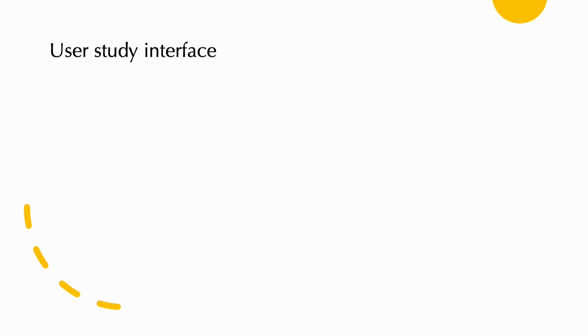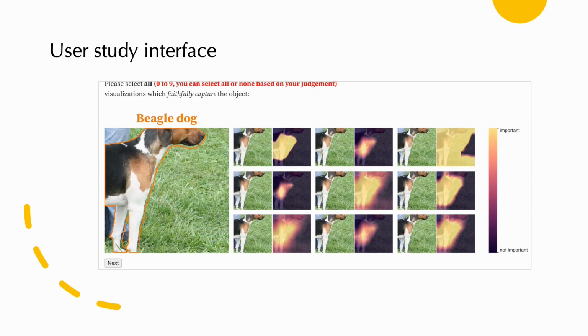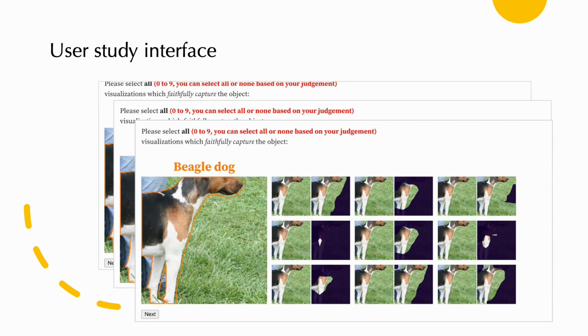We deployed three visualization types: heat map, contour, and binary mask, and recruited 30 participants for each type. Each participant needs to complete 60 trials based on 60 images and their corresponding saliency maps. For each trial, we equally sample 9 visualization parameters from a design space, and arrange them randomly in a 3x3 grid to eliminate the effect of ordering.